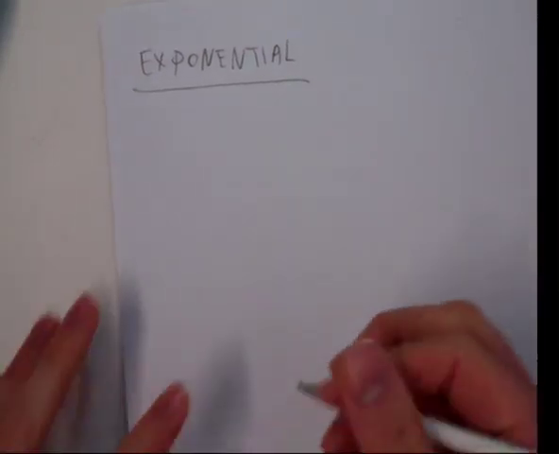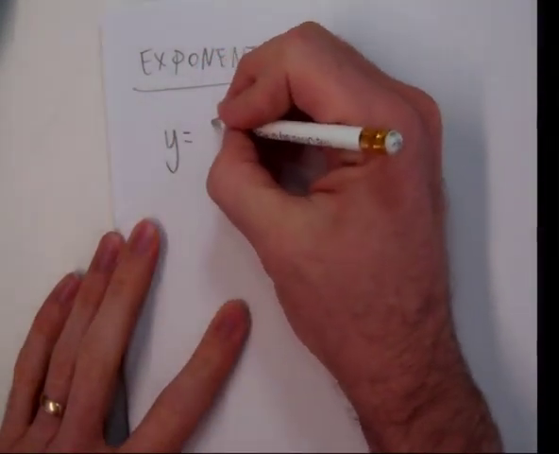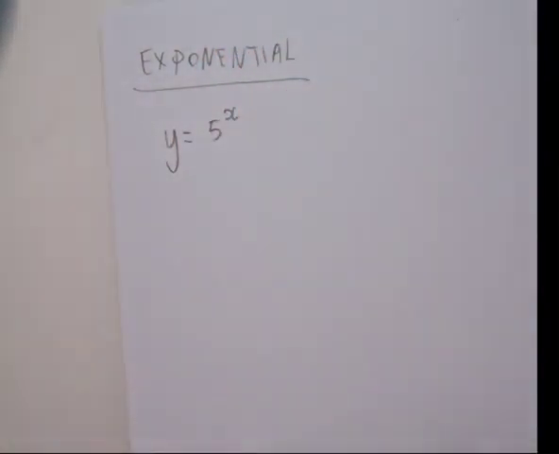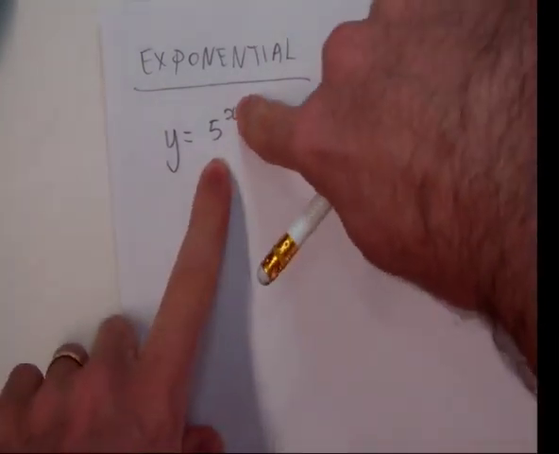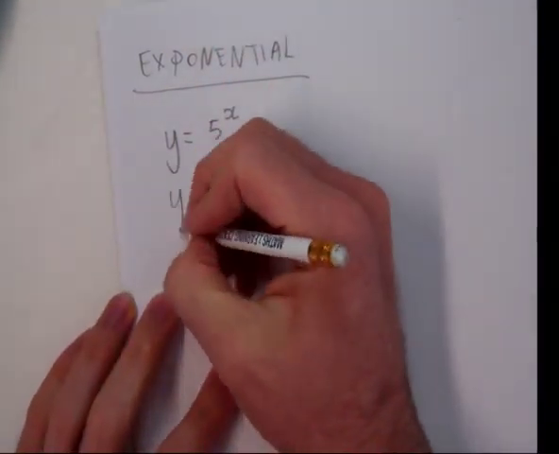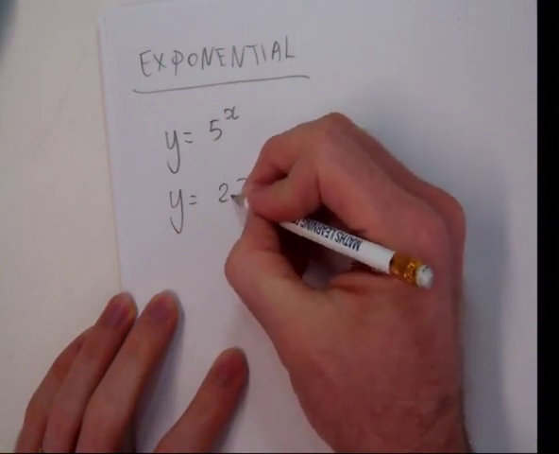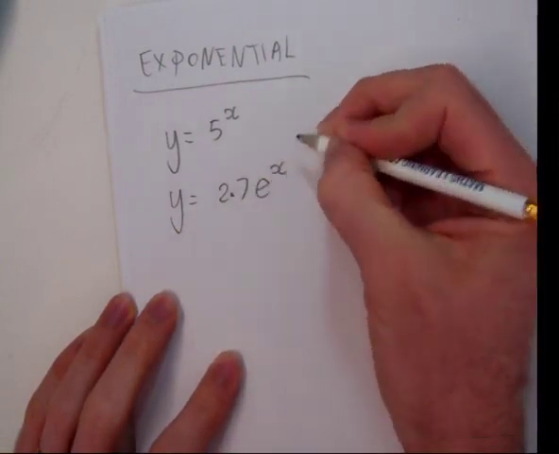An exponential function has a tendency to look something like, the formulas will be like this, something like 5 to the power of x. This is different to your polynomial because your polynomial would be more like x to the power of 5, but this one has the x in the power. Or it might be more complicated and be 2.7 times e to the power of x.